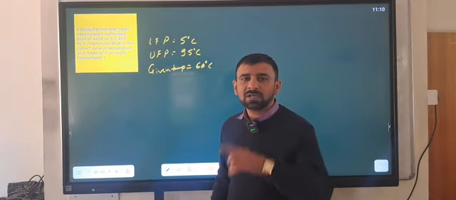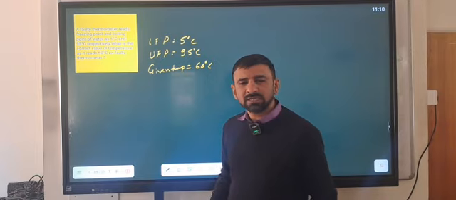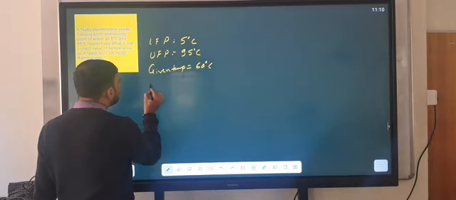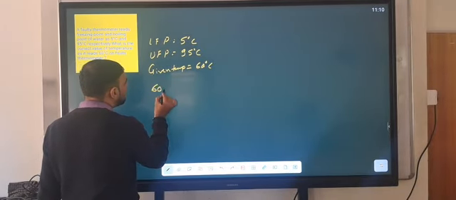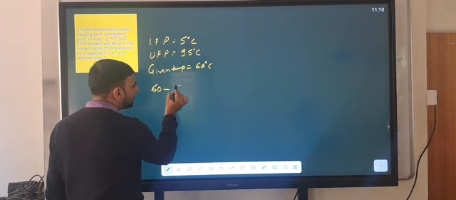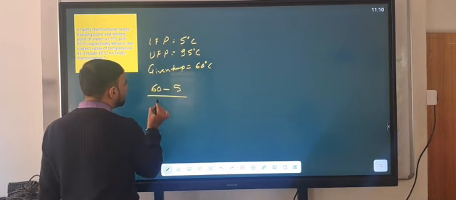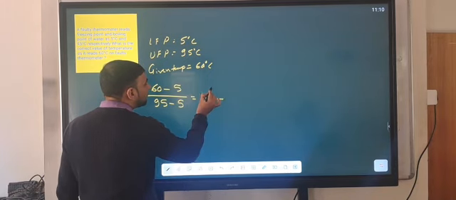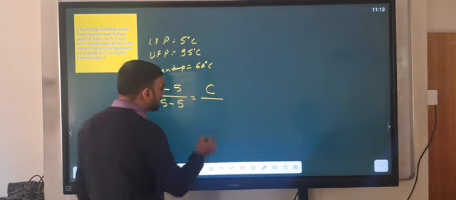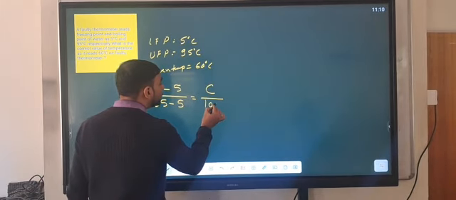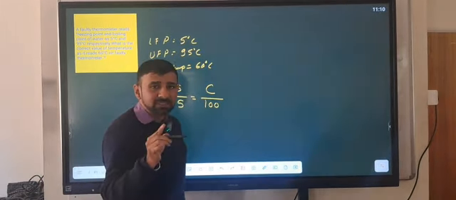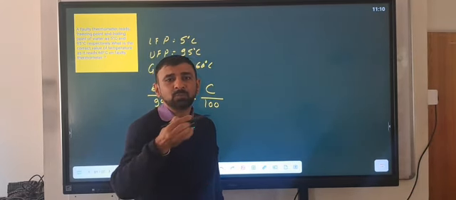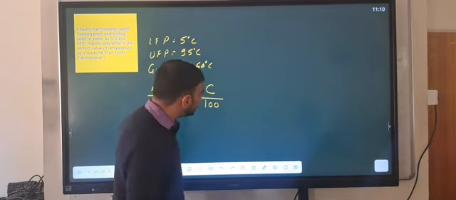So again, the formula that is very useful here is the same one I just shared, and that is temperature in any scale. Say this is 60 minus low fixation point, which is 5, upon upper fixation point in that scale minus lower fixation point, is equal to the temperature in Celsius that we are expecting, upon the fixation points so far as Celsius is concerned, because for Celsius you know that the lower fixation point is 0, the ice point, and the upper fixation point is the steam point, which is 100 degrees Celsius.